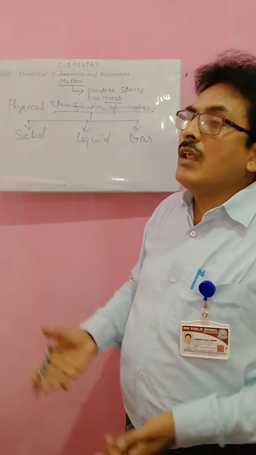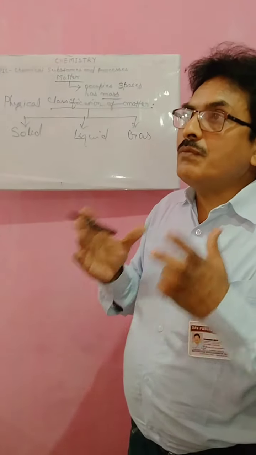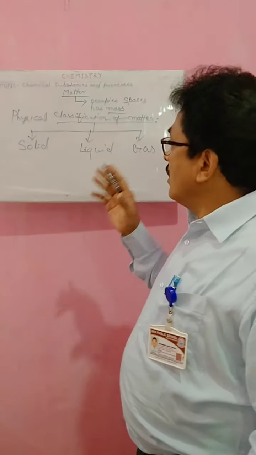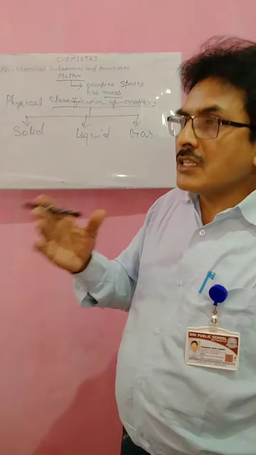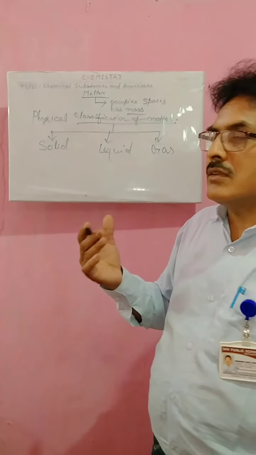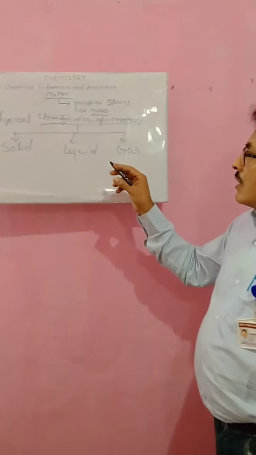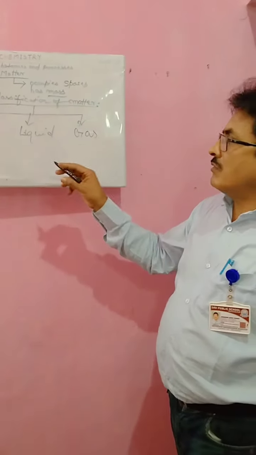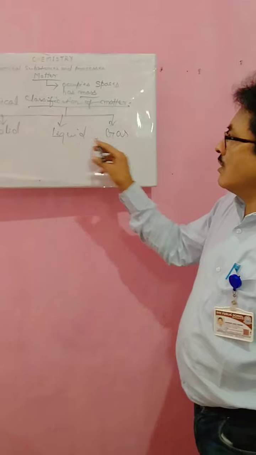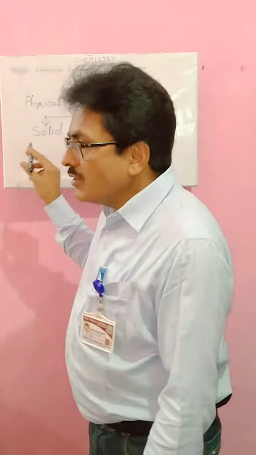At a higher level, matter consists of five states: solid, liquid, gas, as well as plasma state and Bose-Einstein condensate. But the fundamental physical classification of matter is solid, liquid and gas. Solid is what?